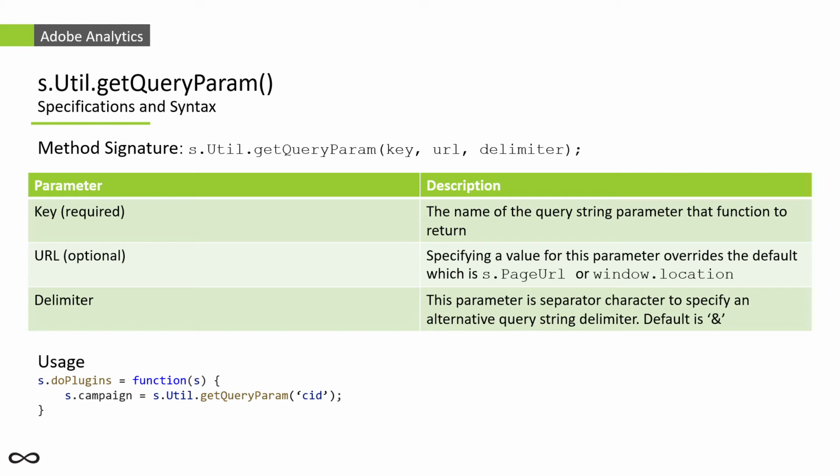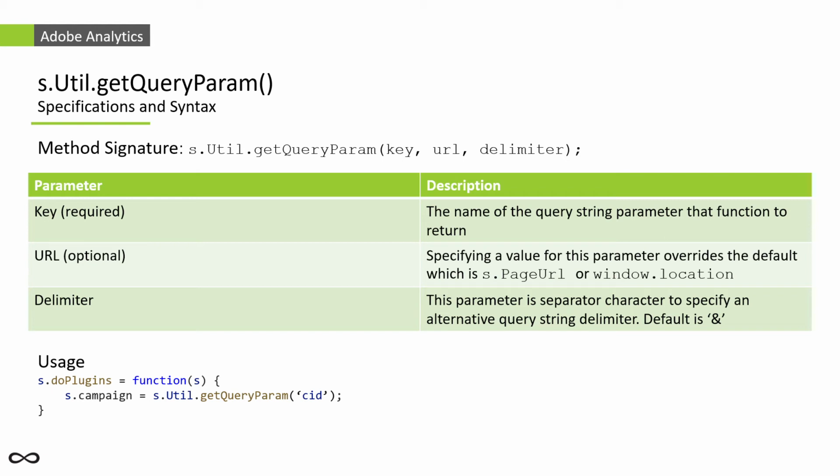If you are calling it from a page, then you can ignore URL and delimiter. Delimiter is nothing but the ampersand, which is part of the URL and separates the multiple query strings within it. And every query string has a key. As an example, in my previous example, CID is the key and the value is June PPC.